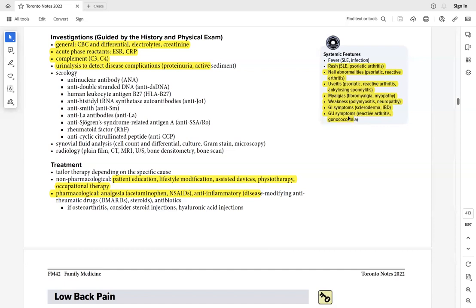Then genitourinary: he may have gonococcemia, or a recent history of any STI. He might have reactive arthritis or gonococcal arthritis. Gonococcal arthritis is migratory arthritis. The patient, he or she, will give you a history of STI, but will say that now I don't have any urethral discharge or symptoms of STI, but I have pain in the joint.